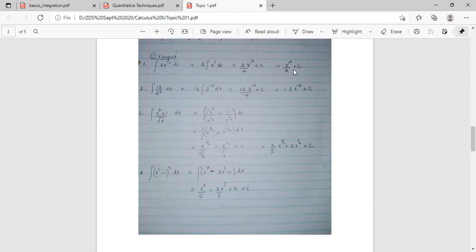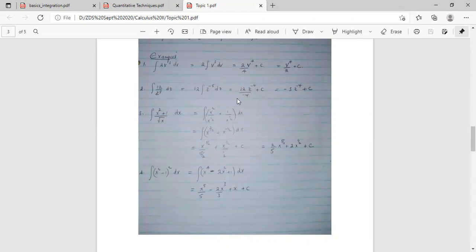Right? We go to the second one, 12 over z raised to 5 dz. I'll take my 12 outside. I'm left with z raised to negative 5. I've just put it in this form for easier working. So I add 1 to the power. Negative 5 plus 1 is negative 4, isn't it?